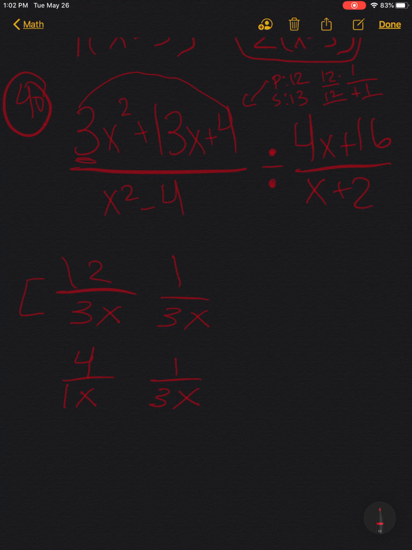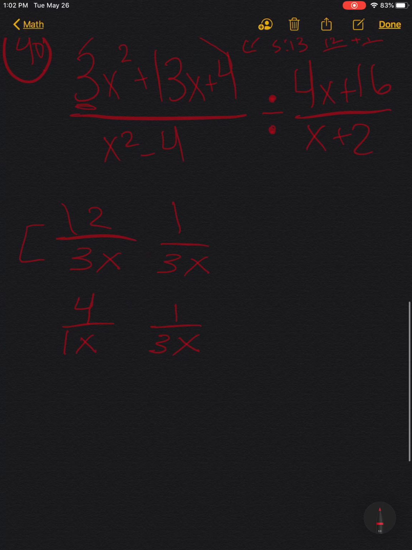So once you have reduced your fractions, you go bottom to top. So this would be x plus 4, 3x plus 1. So that is your numerator. That's this guy right here. Okay? Now for the denominator. Denominator is clearly a difference of squares. So that's going to turn into the square roots, x minus 2, x plus 2.